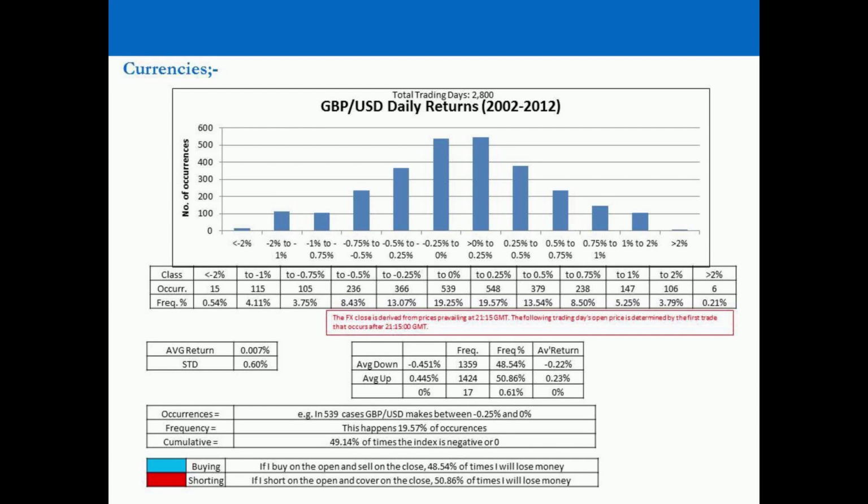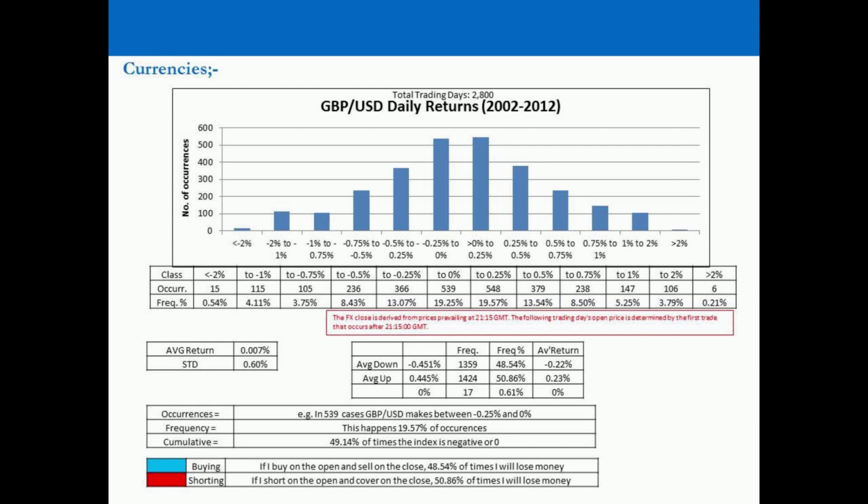What's the average return on an up day relative to an average return on a down day when multiplying through the frequencies? Up 0.23, down 0.22. Down days, 49% of days. Up days, 51% of days.